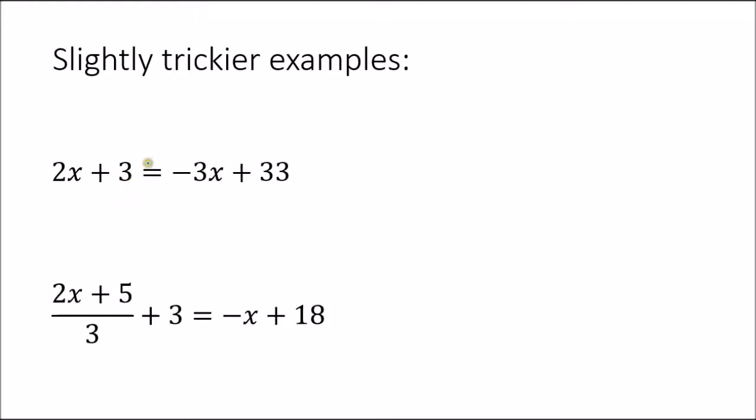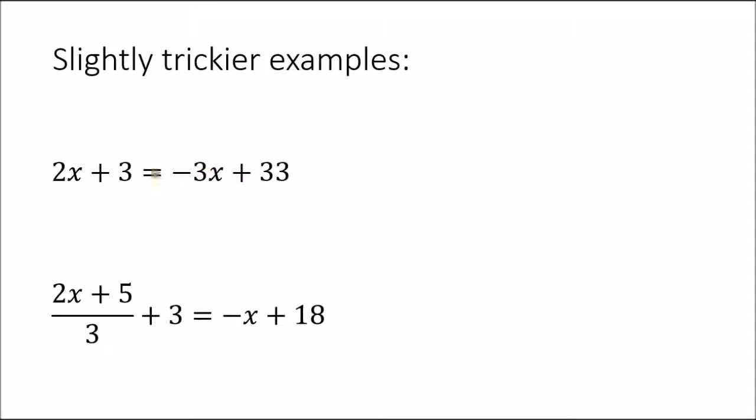Now in the case of the first one, I'll think about what to do with my x's first. Now, you might remember I mentioned that I'm going to keep my most positive x where it is. So 2x is more positive than minus 3x. If I was to move the 2x, then I'd end up with a more negative number of x's, and then I have to deal with that later, which is just messy.